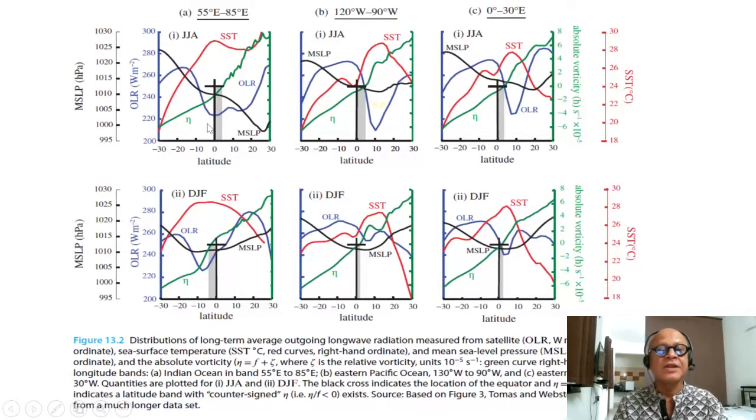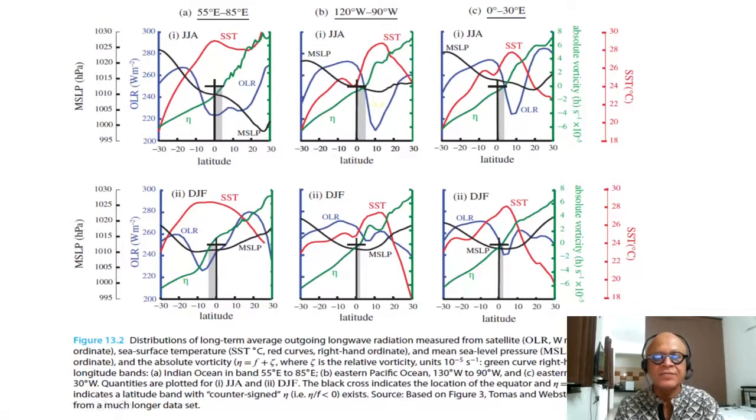So we are looking at the meridional sections shown here, averaged over these longitudinal bands, 30-degree bands, and the equator is shown here. The cross here indicates the location of the equator and eta equal to 0. So you see the eta here crossing that line over there.